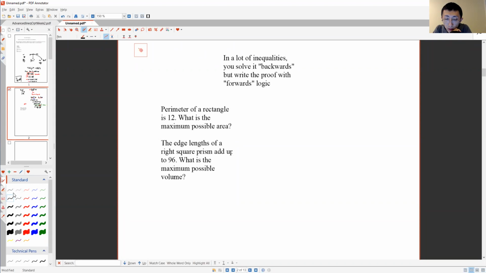So with the first one, let's just draw a diagram. This would say we have 2a plus 2b is 12. So how can we use AMGM here? We want the max of AB.